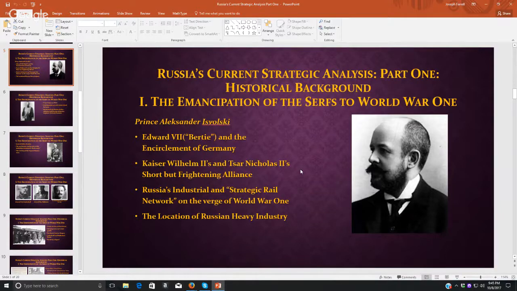For a brief moment in, I think it was 1907 or 1908, Kaiser Wilhelm II and Tsar Nicholas II signed a memorandum of understanding between the two monarchs.